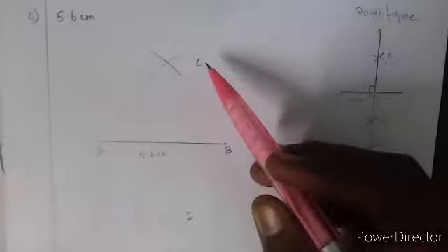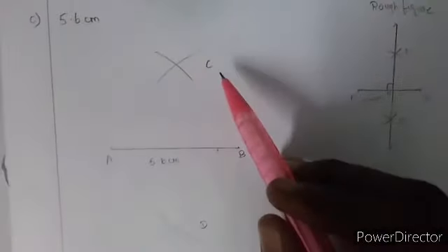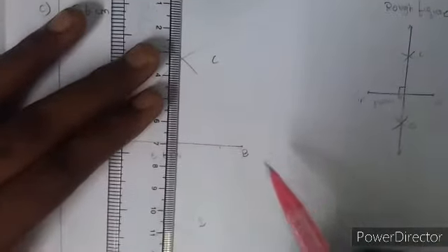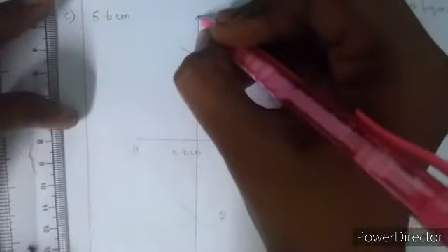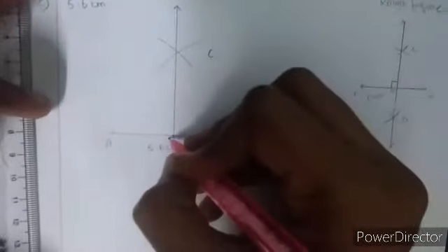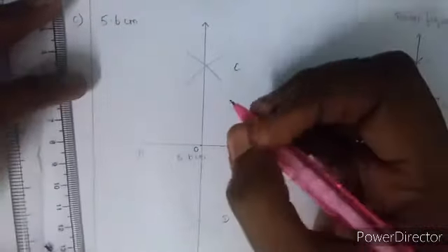So mark the point of intersection of the arcs as C and D. Now join CD. Now this point is known as O.